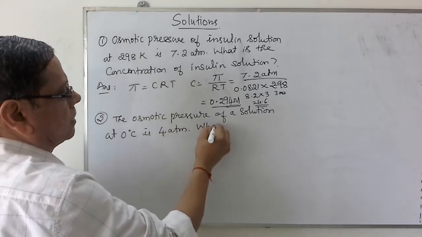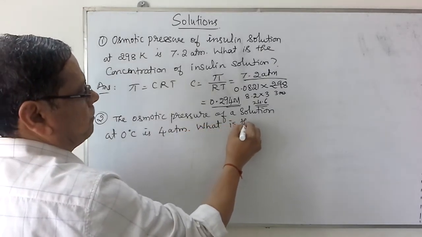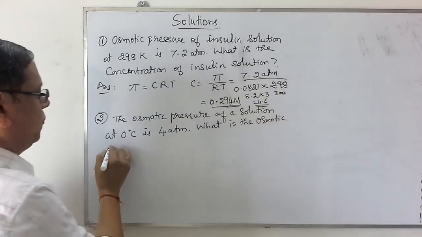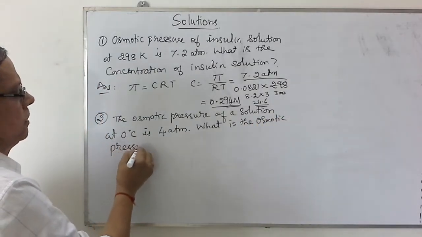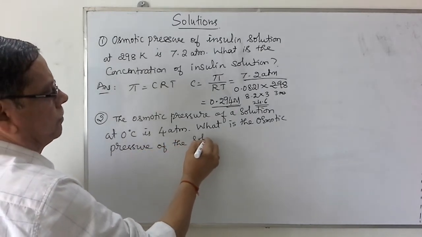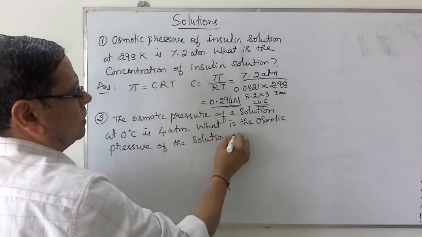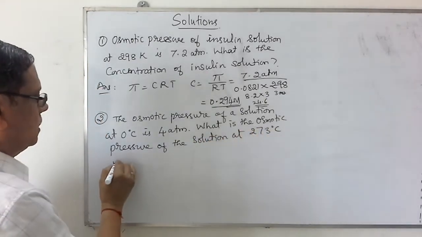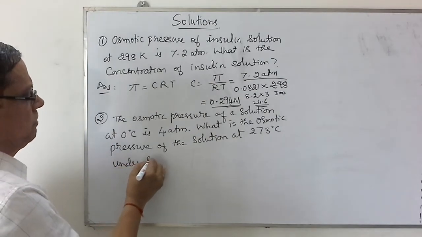What is the osmotic pressure of the solution at 273 degrees Celsius under similar conditions?